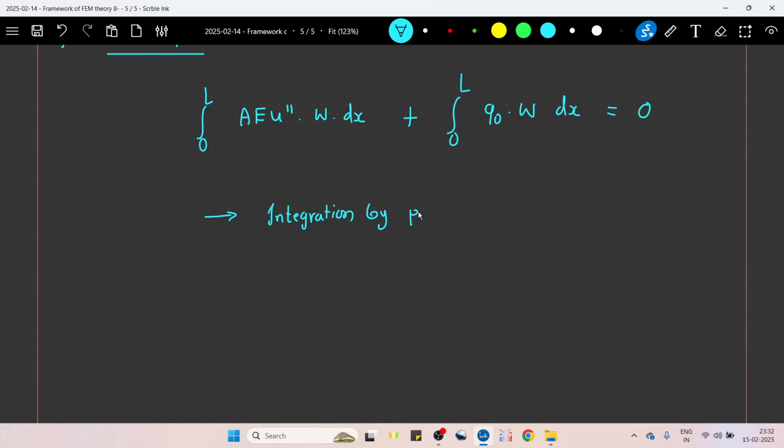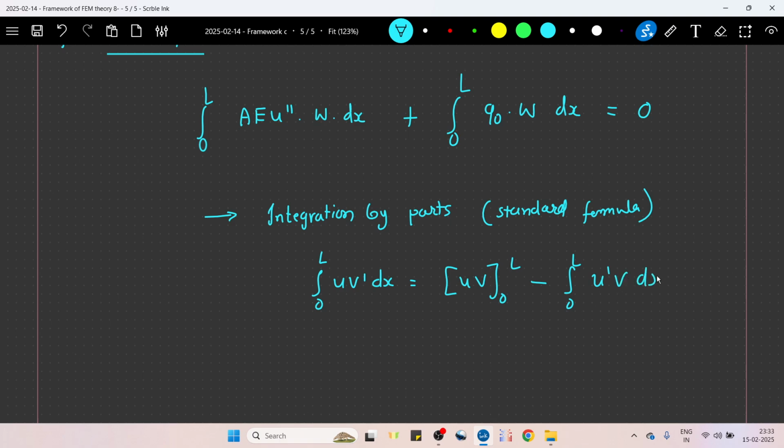There is a standard formula for integration by parts, which looks something like this: integral from 0 to L of u v dash dx is equal to uv, evaluated from 0 to L, minus integral from 0 to L of u dash v dx. This is a very standard formula. You can search online, and you can try to understand this formula with proof.